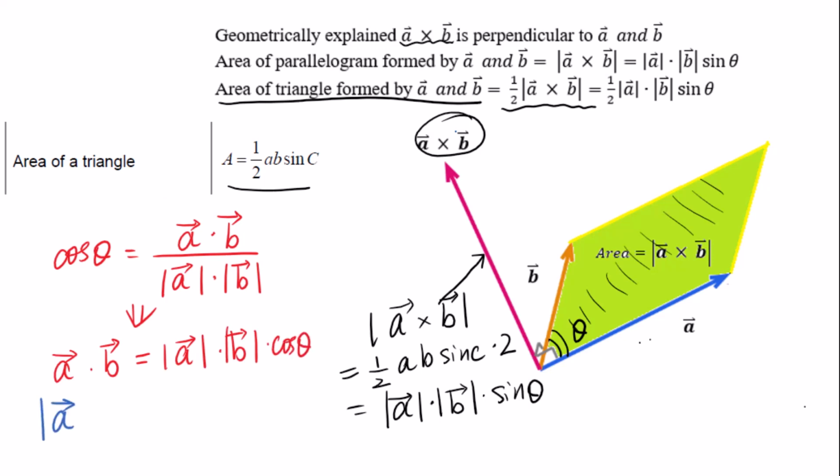The length of A cross B equals the length of A times the length of B times sin theta. Compare these two formulas to remember.